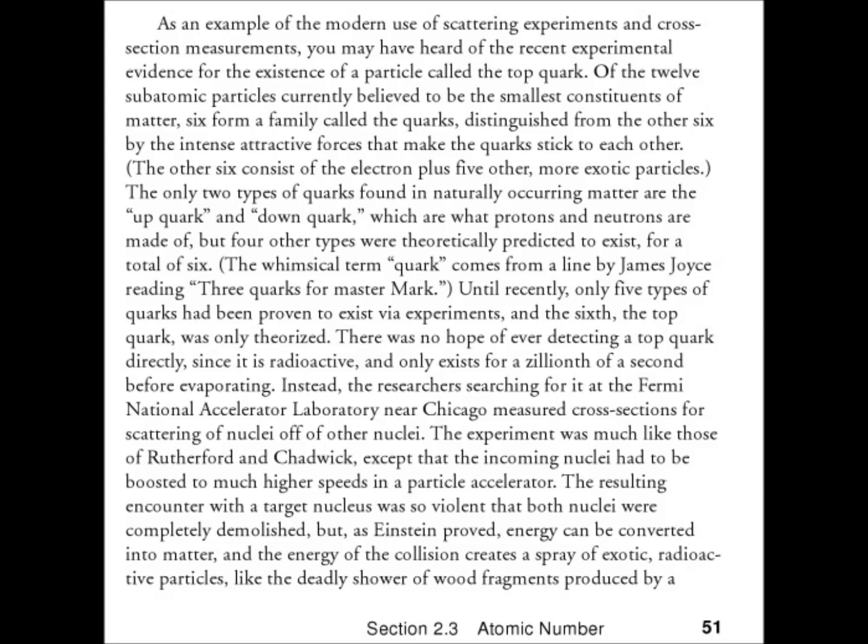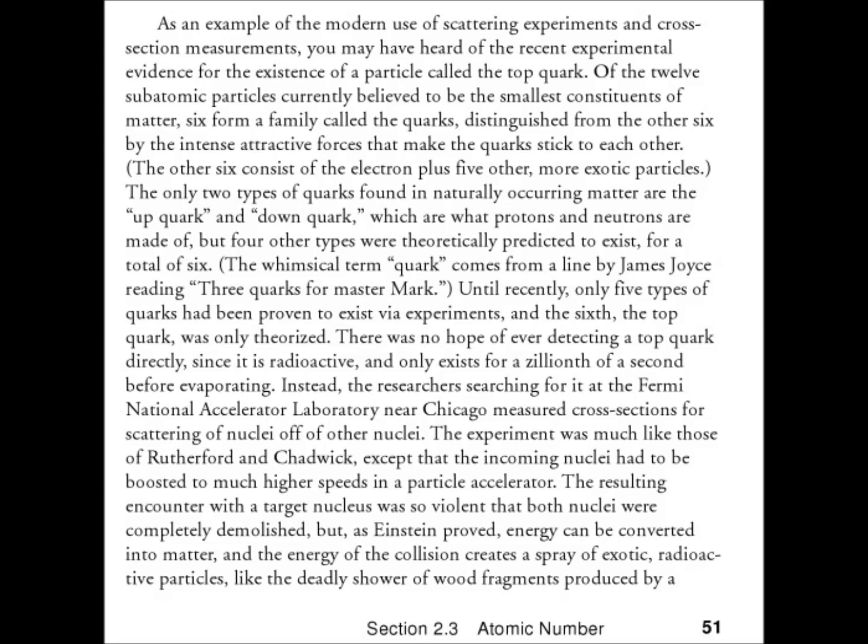Until recently, only 5 types of quarks had been proven to exist via experiments, and the 6th, the top quark, was only theorized. There was no hope of ever detecting a top quark directly, since it is radioactive and only exists for a zillionth of a second before evaporating. Instead, the researchers searching for it at the Fermi National Accelerator Laboratory near Chicago measured cross-sections for scattering of nuclei off of other nuclei.